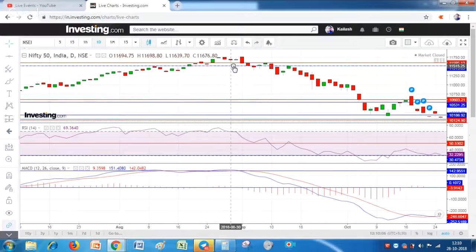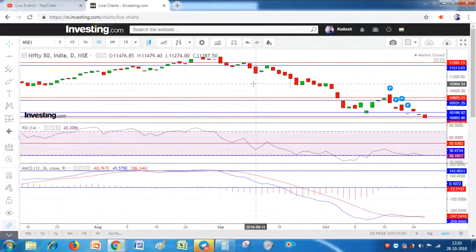Yes, we have gone short at the 11,500 level, and here we can keep a stop loss at 11,620. So there is a risk of approximately 120 points.